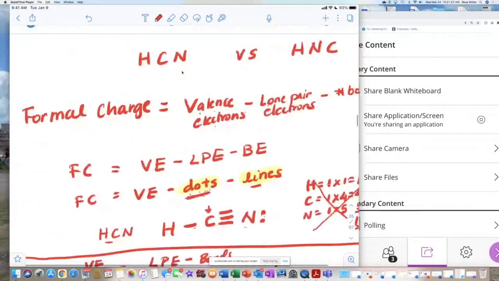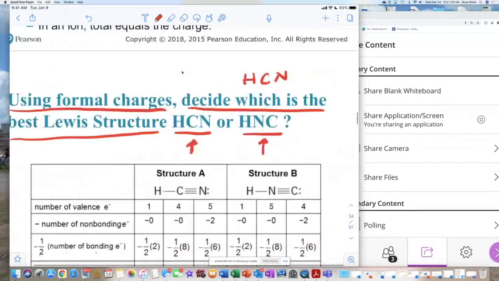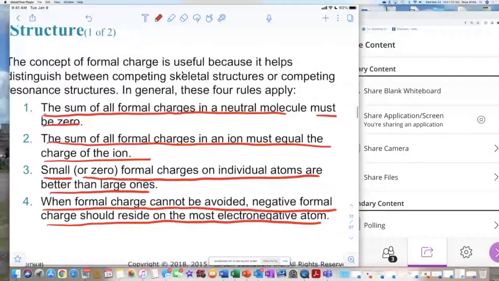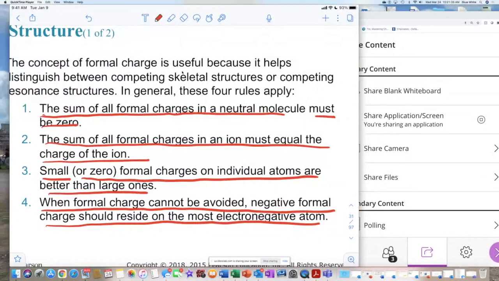Okay? So back here, somewhere, in a lot of words, they said, first of all, make sure the formal charge in the neutral molecule is 0. If you have an ion, the formal charges must equal the ion. For the better structure, small or 0 formal charges on an individual atom are better than large ones.